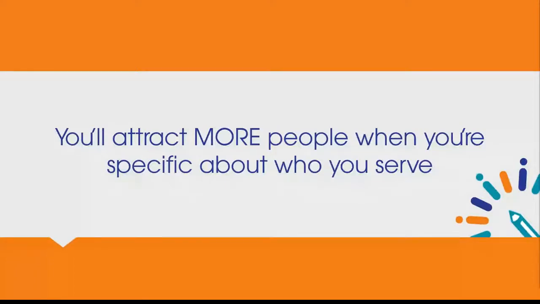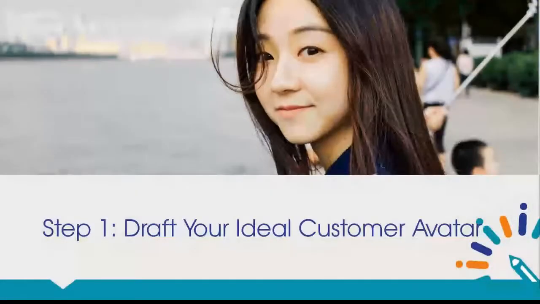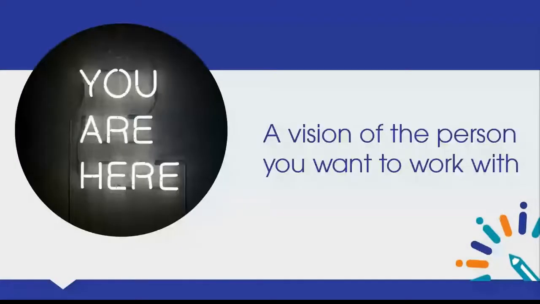So I know this isn't a really easy task. It seems maybe a little overwhelming or challenging, but just trust in the process that we're going to go through, and that all the time you spend identifying your audience is really going to benefit the growth of your email list and your business. So let's jump into the first step, which is actually creating a draft of your ideal customer avatar.